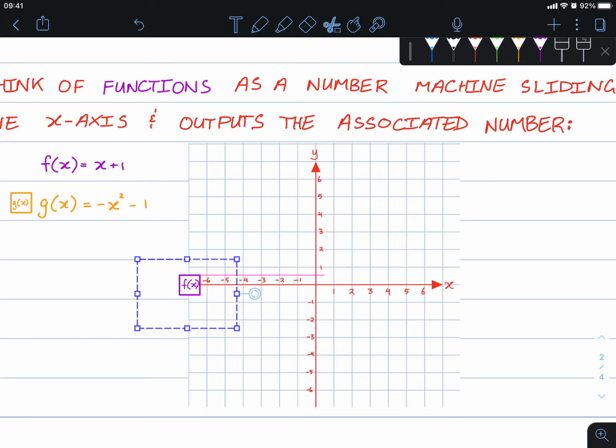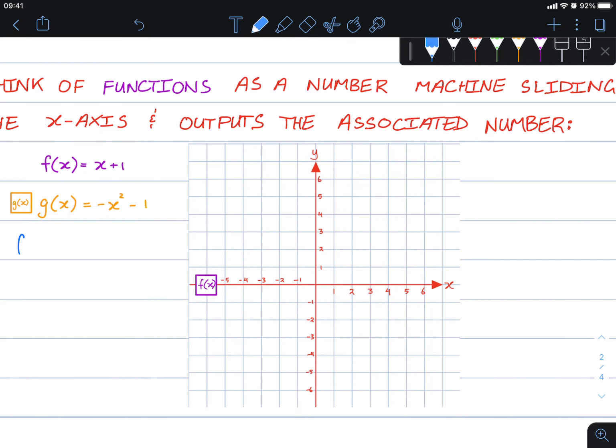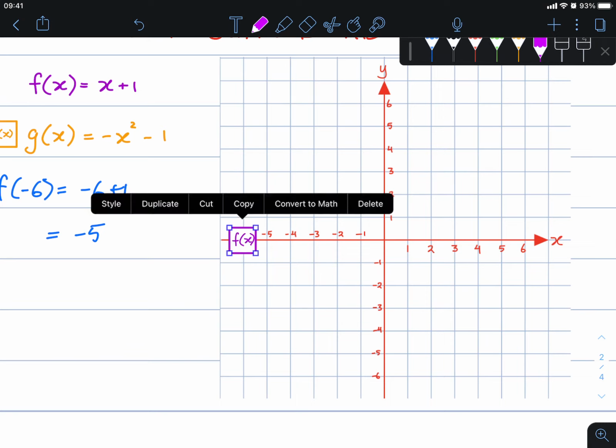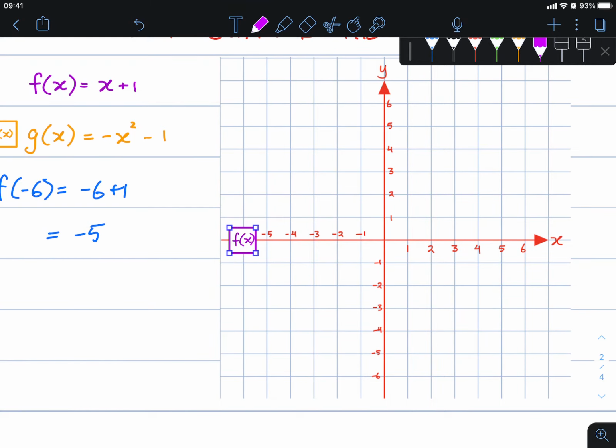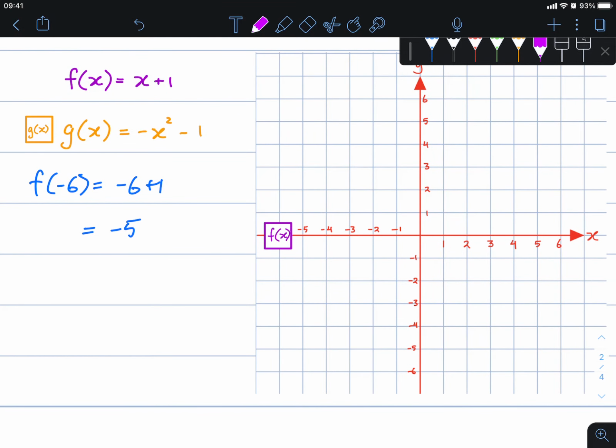If we slide it and it eats up the number negative 6, we're putting f of negative 6 now equaling negative 6 plus 1, we get negative 5. So if we take f of negative 6, the function eats it up, and it gives you the result negative 5.